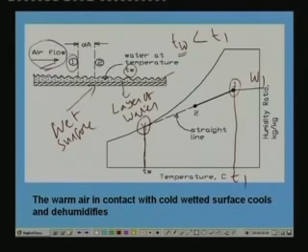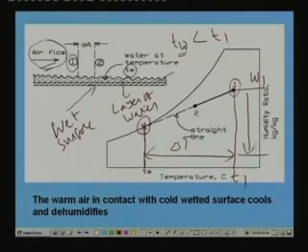So, this is the condition of the saturated water vapor next to the wet layer, and air is coming in contact with this. Now, you can see that there is a temperature difference between this saturated air and this air. Similarly, there is a vapor pressure difference or humidity ratio difference. Humidity ratio difference means vapor pressure difference is also there.